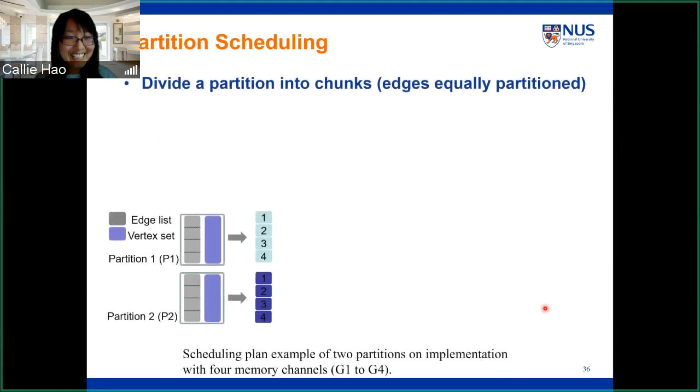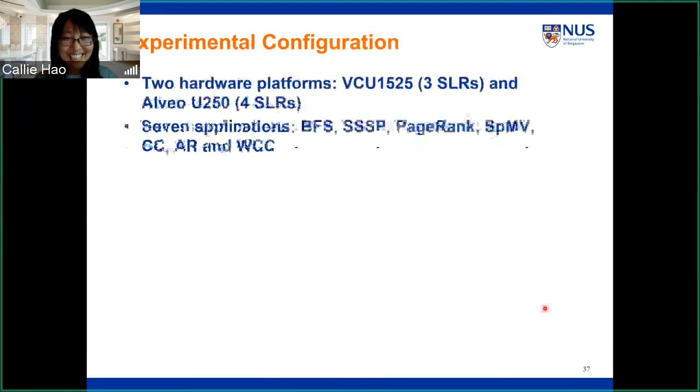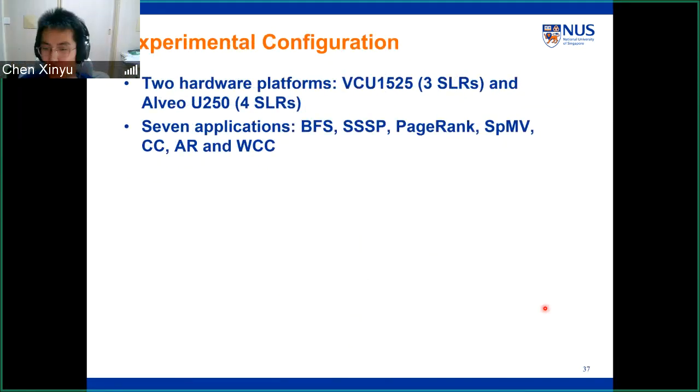Okay, this is a very good question. As you can see, we built 7 applications with our system to demonstrate its usability, and we also built a demo with our system to predict COVID-19 propagation.